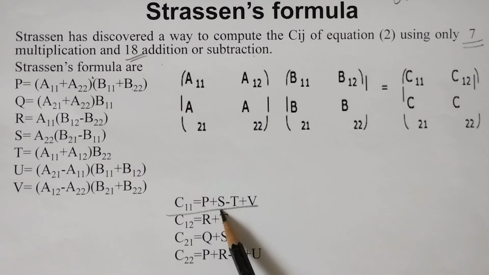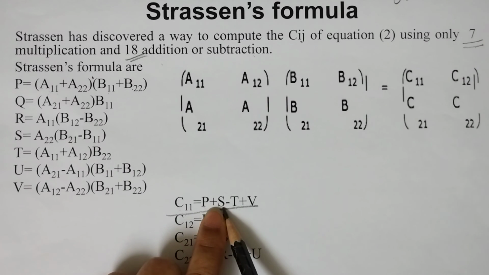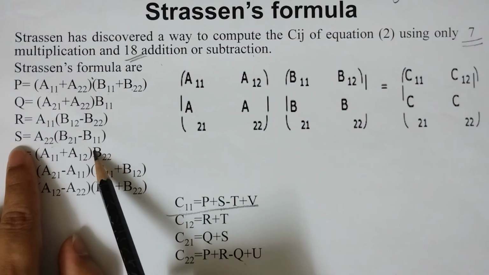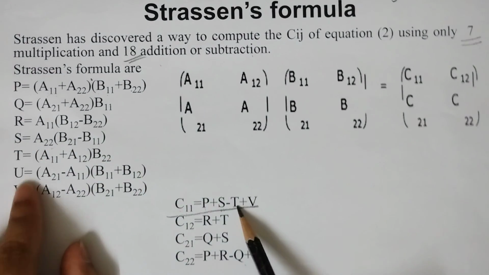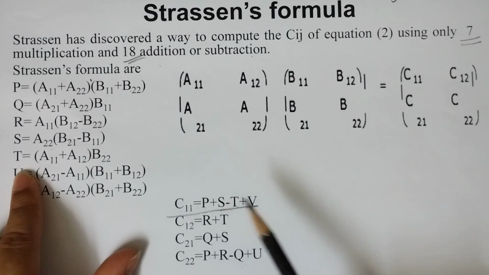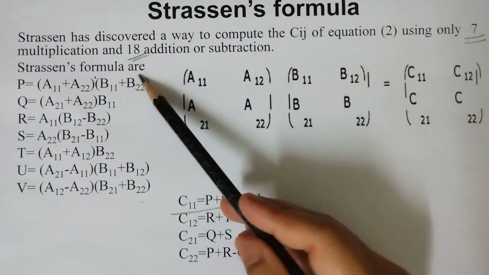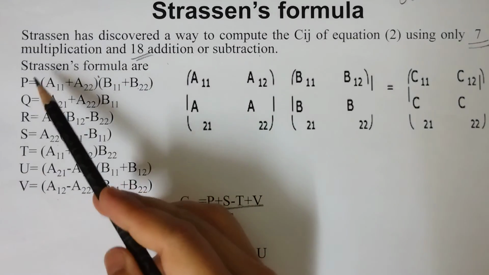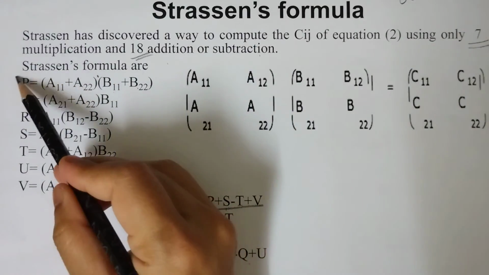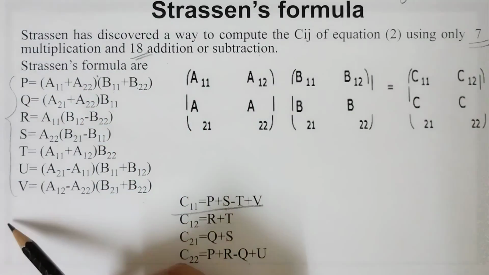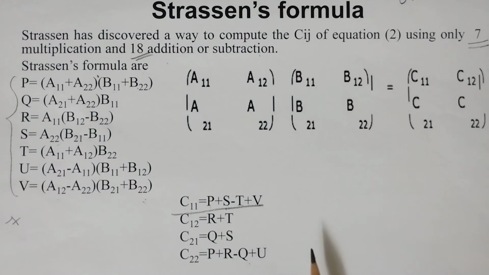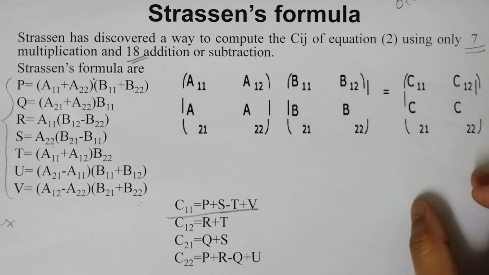And the same way, if you want to find the value of S, that S value can be given with this formula. Now coming to T, T can be given with this formula. And V can be given with this formula. Okay. Likewise, you have these 7 formulas: P, Q, R, S, T, U, V. So totally 7 formulas are there. By using these 7 formulas, you can find the matrix multiplication result.